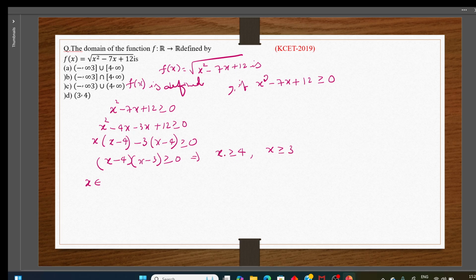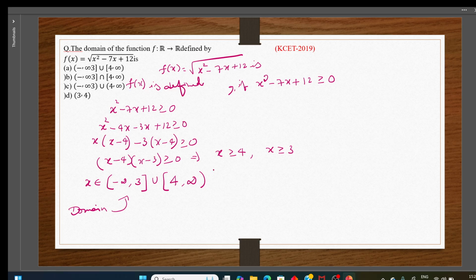So interval of these values means open interval minus infinity to closed interval 3 union closed interval 4 to plus infinity. What is the domain here? Domain of this function is minus infinity to 3 union closed interval 4 comma infinity.